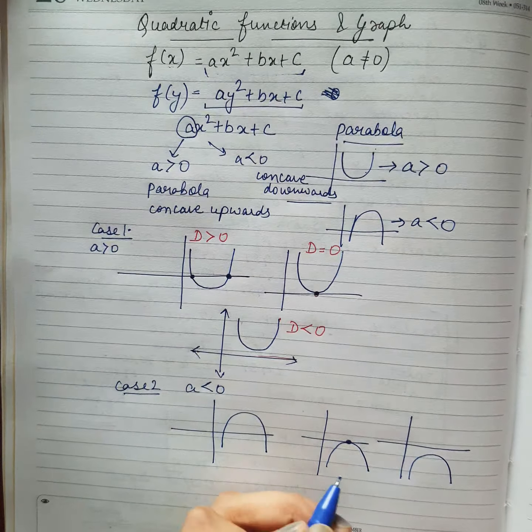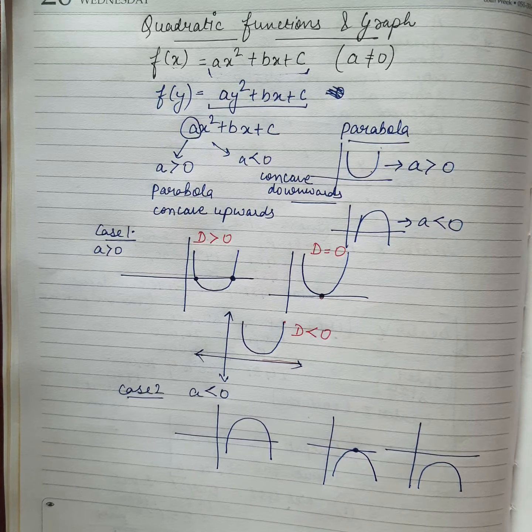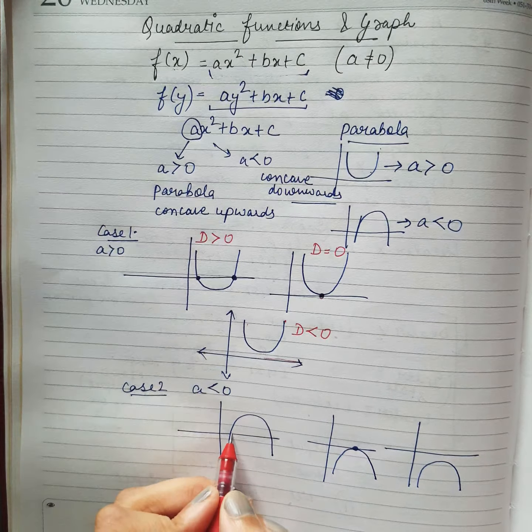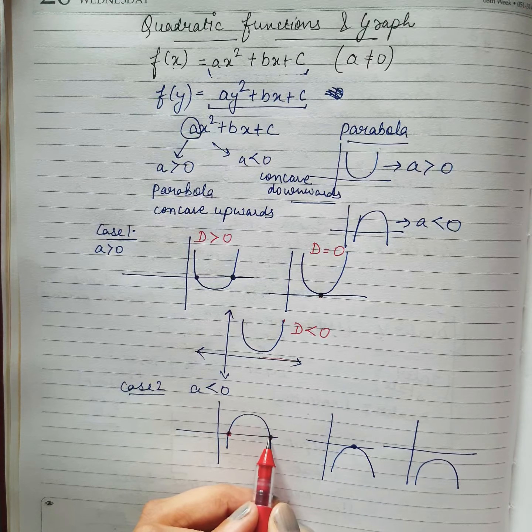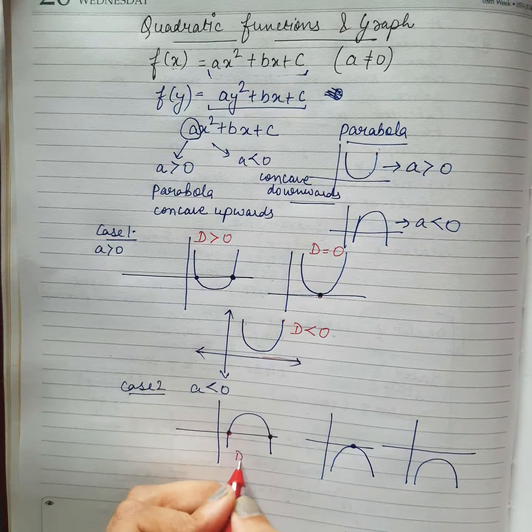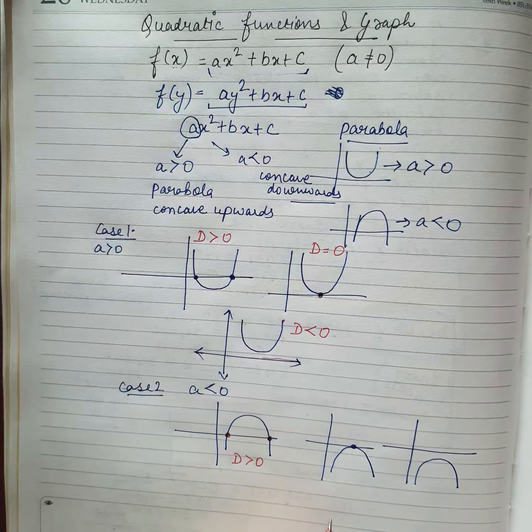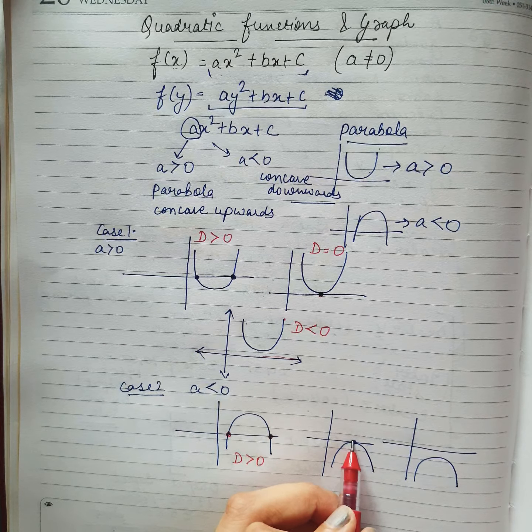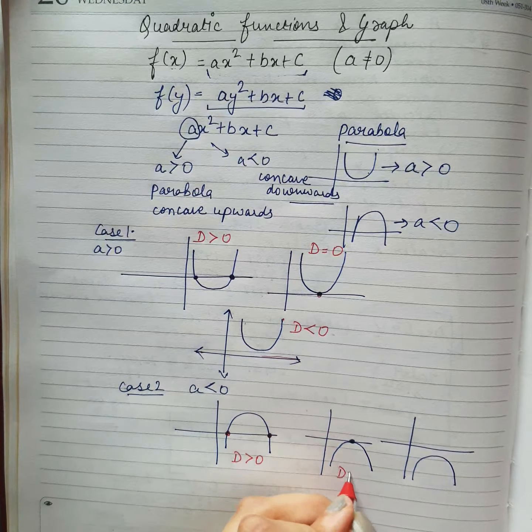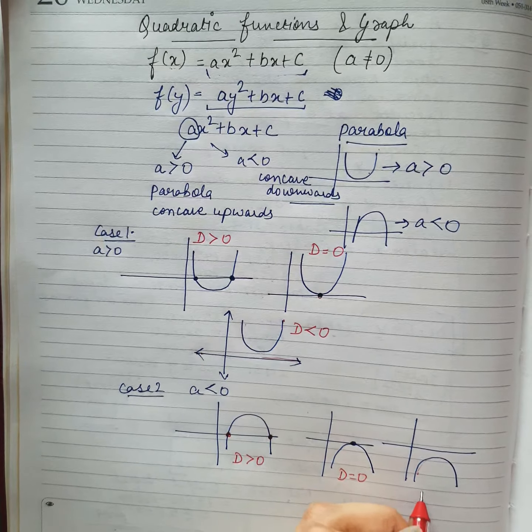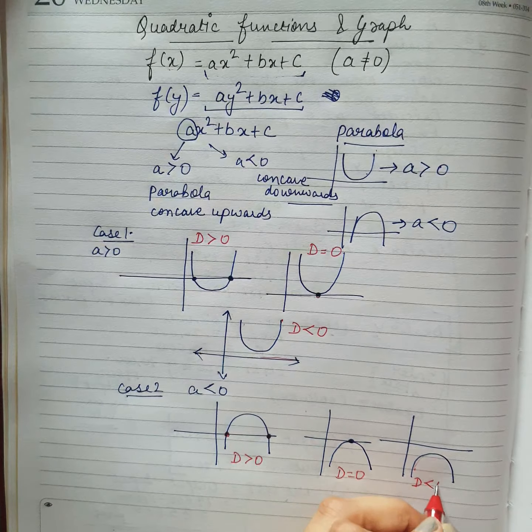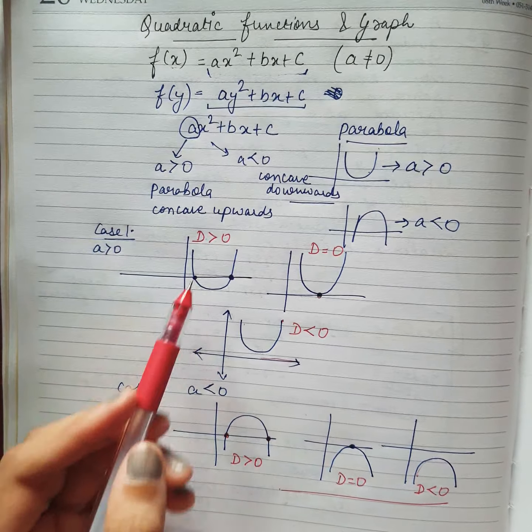It can be on the negative side also. So again, since I am getting 2 roots, it is touching the real x-axis 2 times, so that means discriminant is greater than 0. Only once, that means both the roots are real and equal, so discriminant is 0 in this case, and since it is not touching the real line, so D is less than 0. So I hope these points are clear to you.